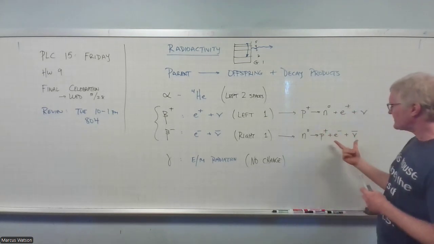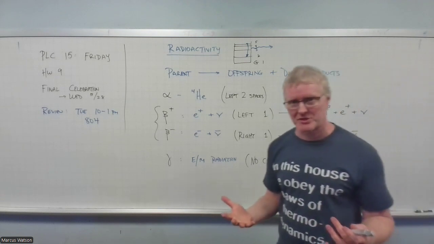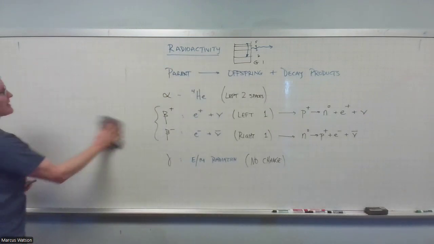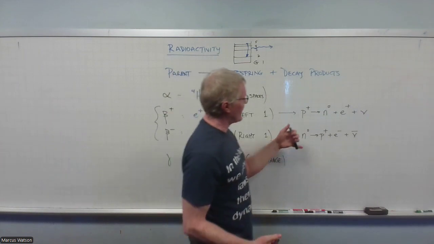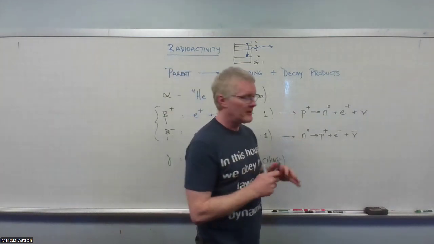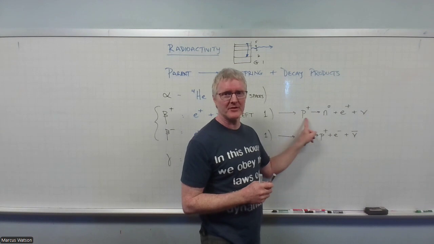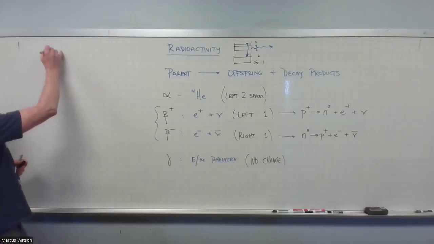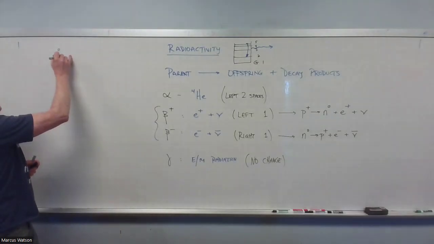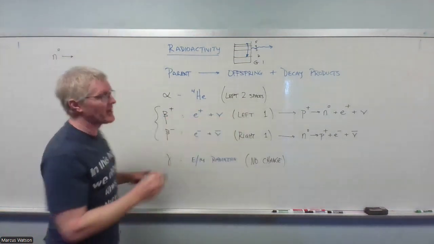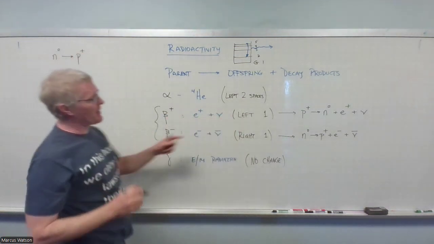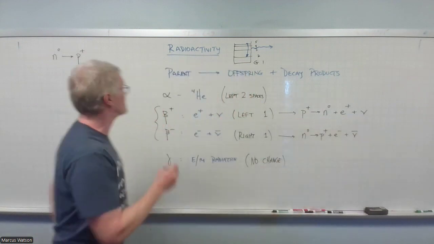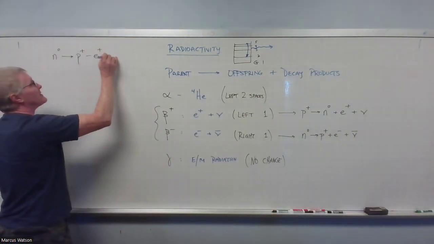In other words, if I treated this as an algebraic equation, and I were to solve for the neutron in this upper reaction, I would say, oh, neutron, that's going to become a proton on this side, so I've got the proton already here, but now I have to subtract off the positron, and I have to subtract off the neutrino, right? Like that.